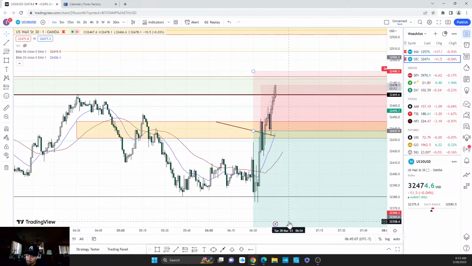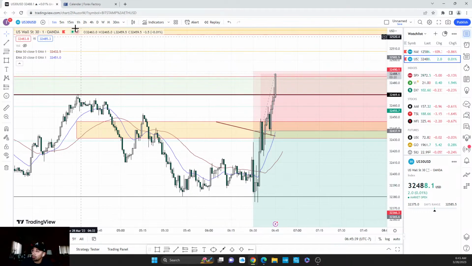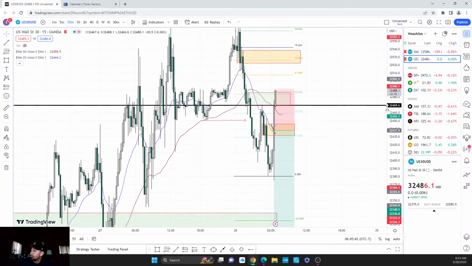Damn, it's kind of moving. Might break it. Let's see. It literally could be going to exactly where I wanted it to go originally, which was up here, right?